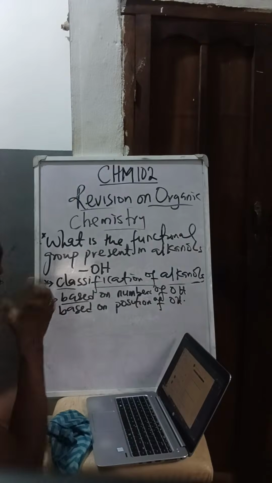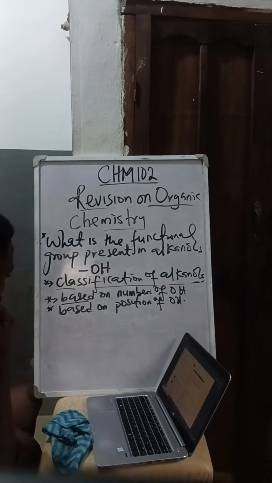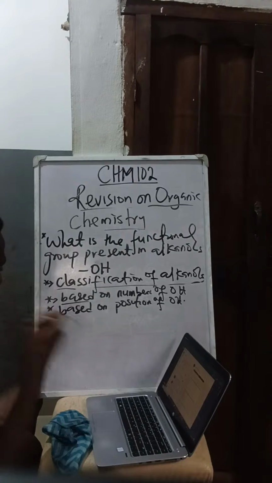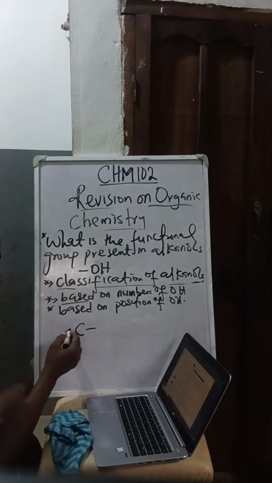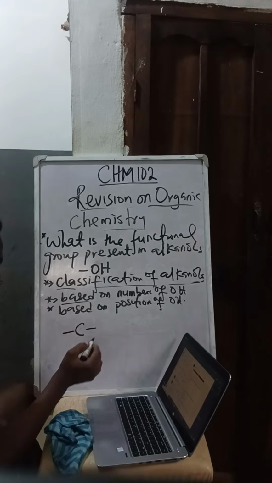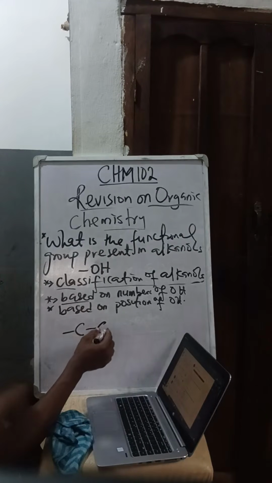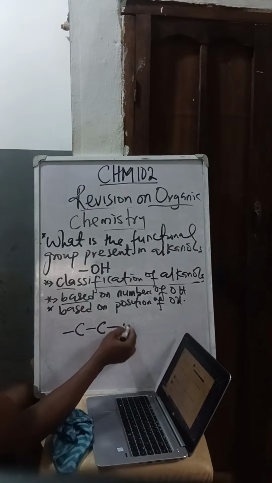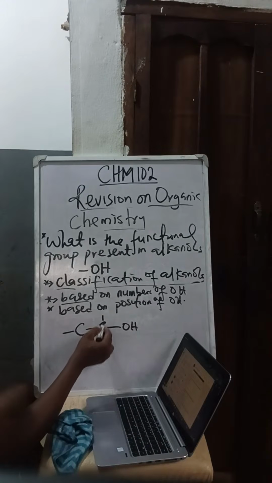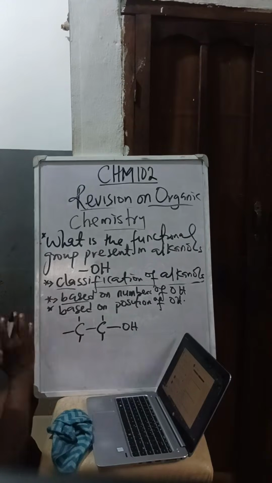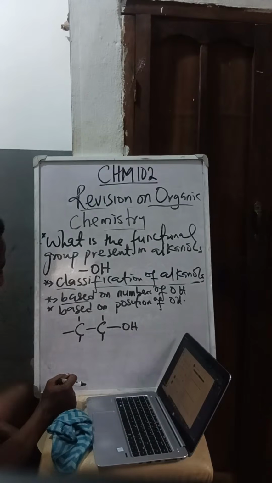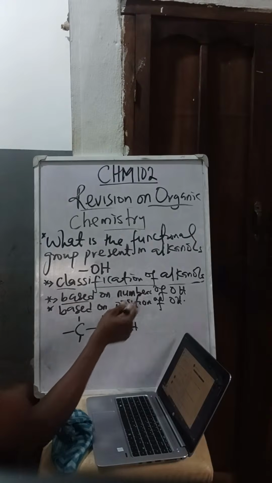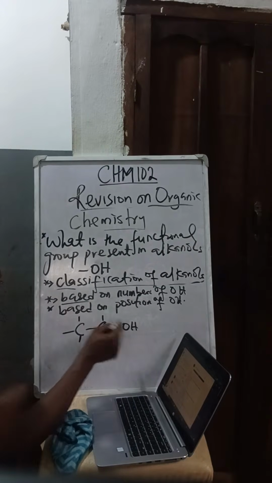So how do we classify alkanol? Based on number of OH, we have C, we have another C, we have OH. This is one OH. Based on number of OH, this is one OH present.